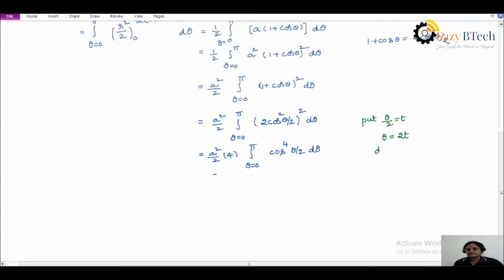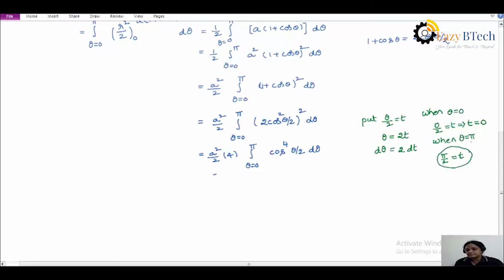Differentiating, d theta is equal to 2 dt. For the limits, when theta is equal to 0, t is 0. Similarly, when theta is equal to pi, the limit of t is pi by 2.